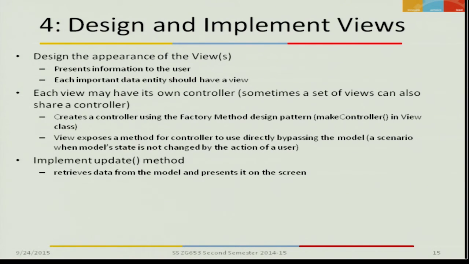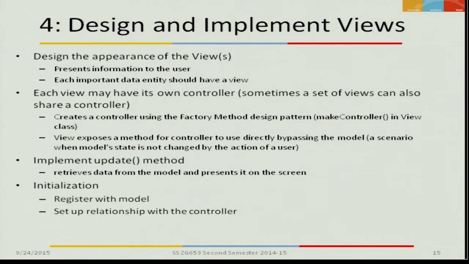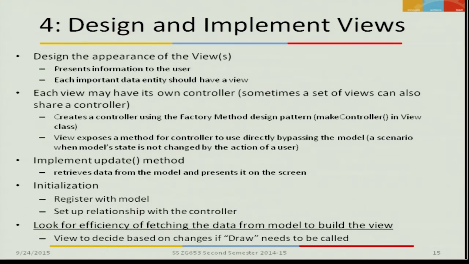So the view needs to implement the update method, which will retrieve the data from the model and present it on the screen. Then the initialization part: register with the model and set up the relationship with the controller. Another important thing is to look for efficiency of fetching the data from the model to build the view. The view decides based on the changes.